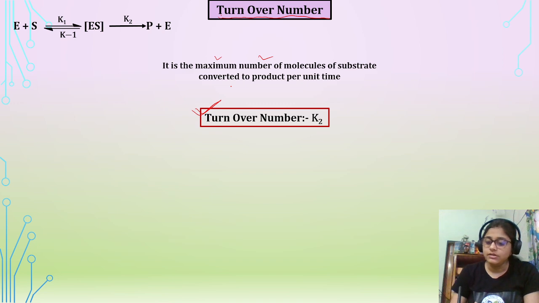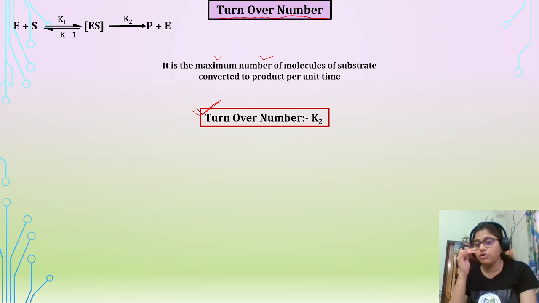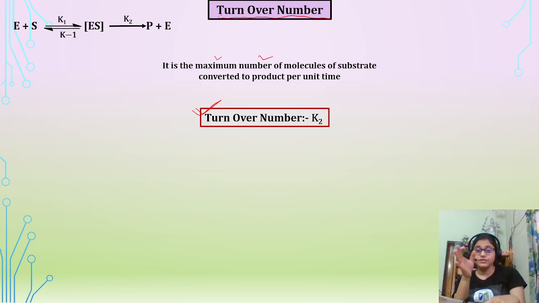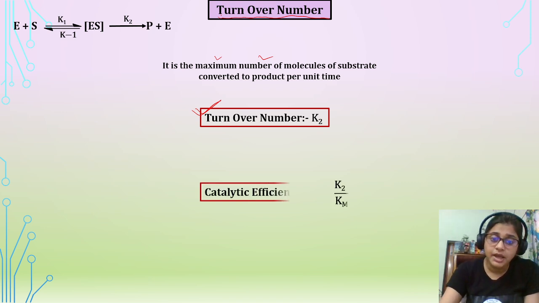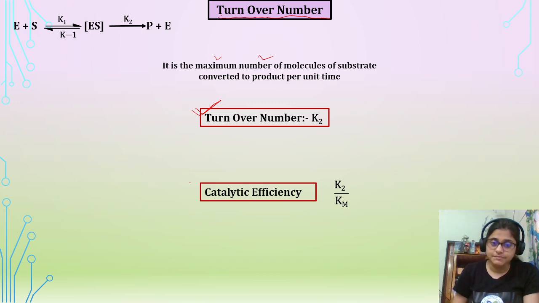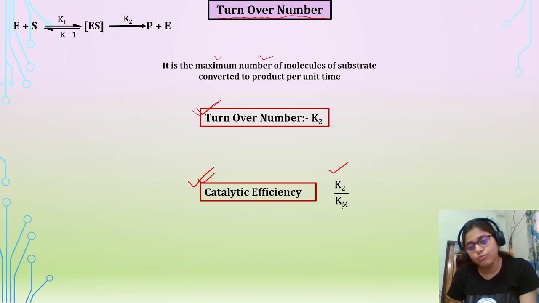A straightforward question can be asked: what is the turnover number for this case? Some values are given. So you have to know that the turnover number is equal to K2. And catalytic efficiency is also a very important term here, and it is equal to K2 by Km, the Michaelis-Menten constant.